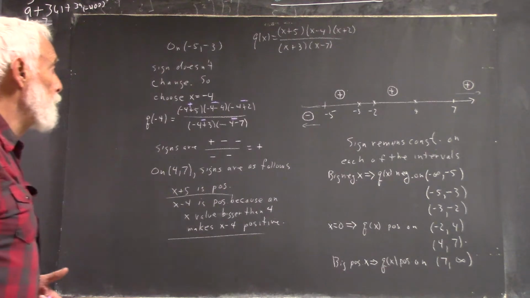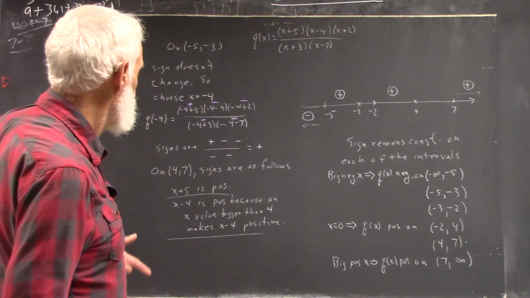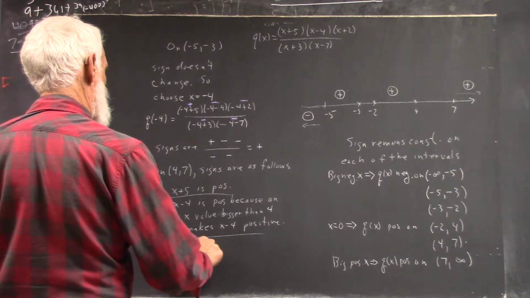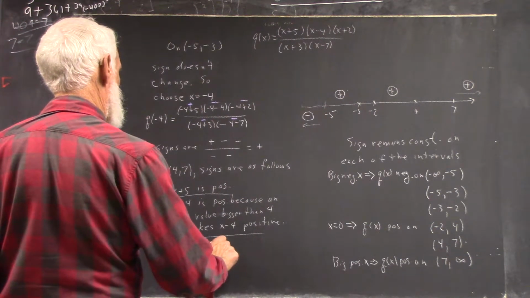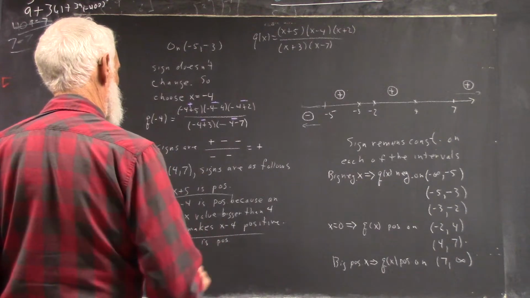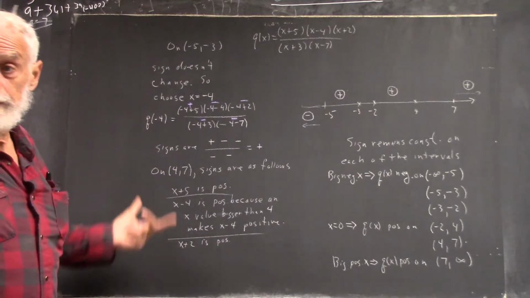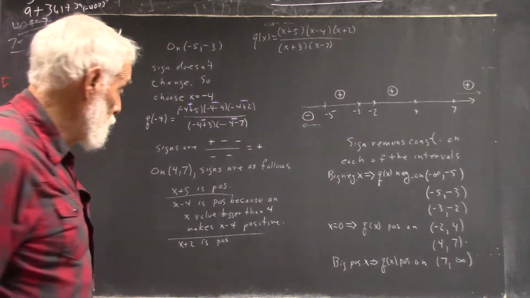Now, using similar reasoning, x plus 2 is positive, because in this interval, x is always positive, right? Don't have to do much thinking about that.